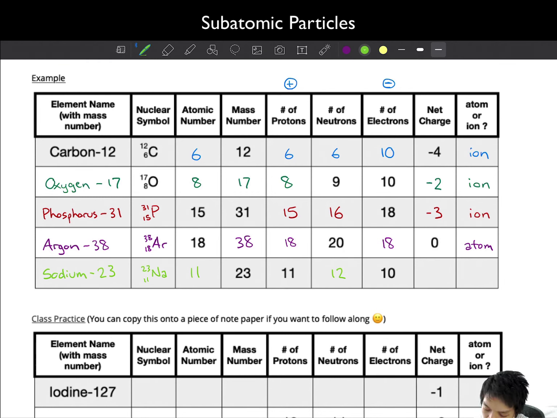Okay, cool. We know the number of electrons this time, but we don't know the net charge. Anytime you're thinking about the net charge, think about the particles that have a charge in the atom. That's the proton and that's the electrons, right? So we have 11 protons, we have 10 electrons. So should the charge be positive or negative?